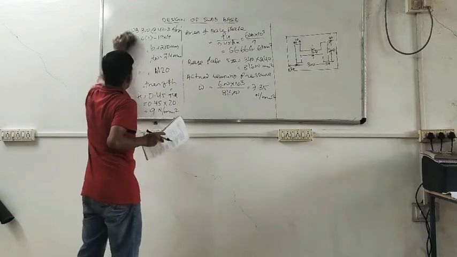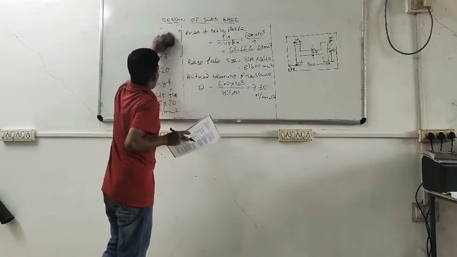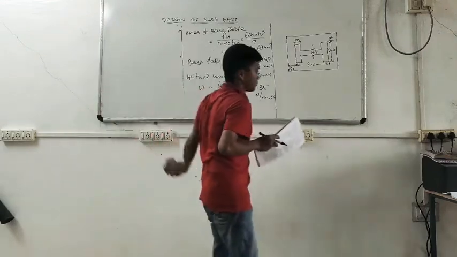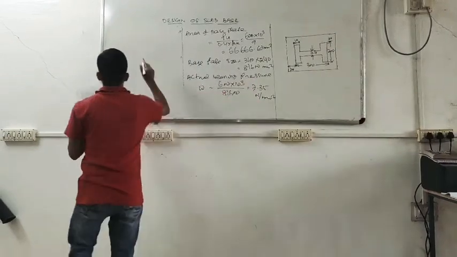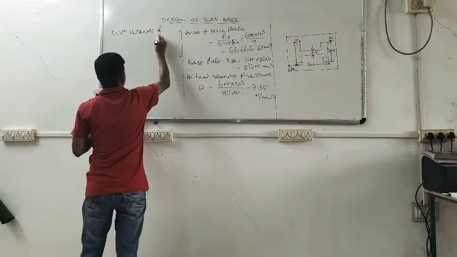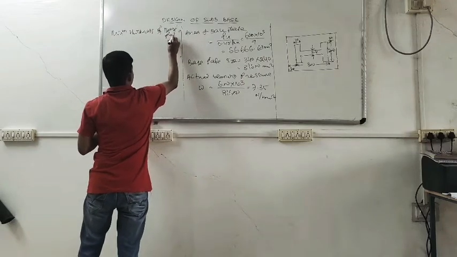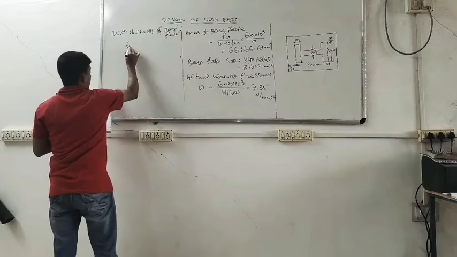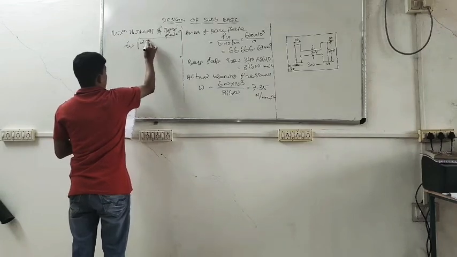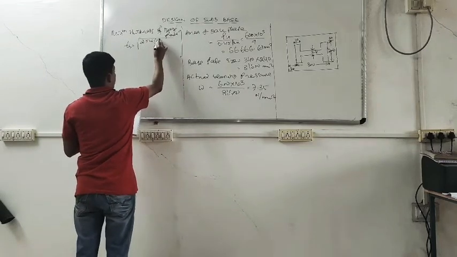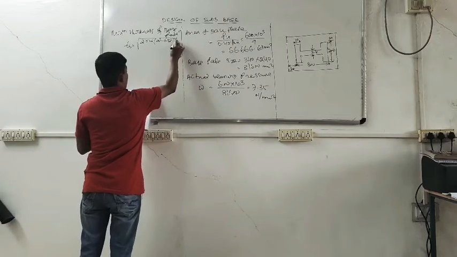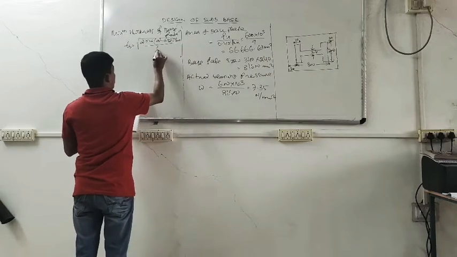Okay, so the minimum thickness of the base plate, denoted as ts, equals root over of 2.5 w into a square minus 0.3 b square, into gamma m0 divided by fy.